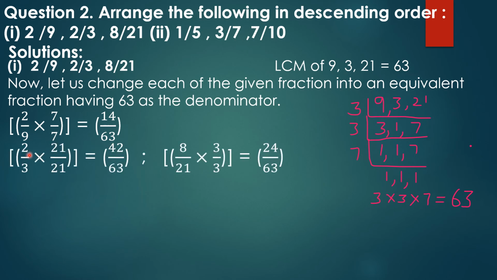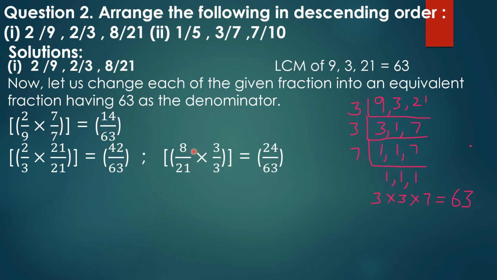And the next fraction is 2 by 3 into 21 by 21, multiplying the denominator by 21 so that we get 3 into 21, 63. Similarly, multiply the numerator also by 21. Therefore, 2 into 21 is 42 and 3 21s are 63. So, this will become 42 by 63.